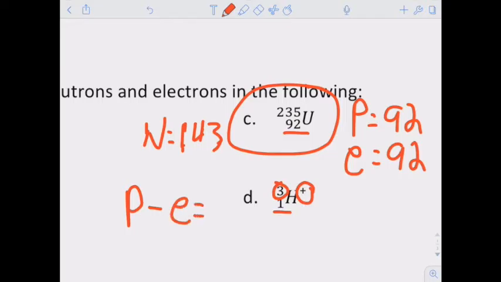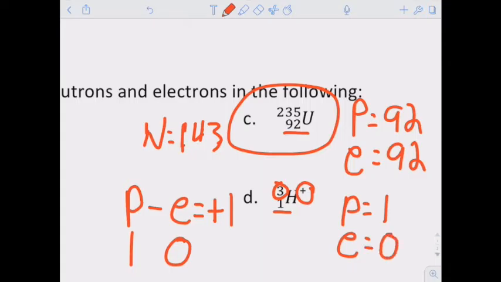Since we have a positive charge, which is essentially plus 1, and we have 1 proton, then 1 minus something equals positive 1, and that would have to be 0. So we have 0 electrons. We have 1 proton, 0 electrons, and neutrons, 3 minus 1, would be 2.